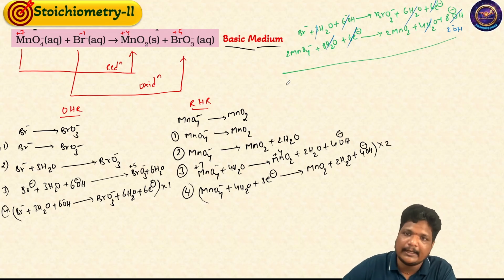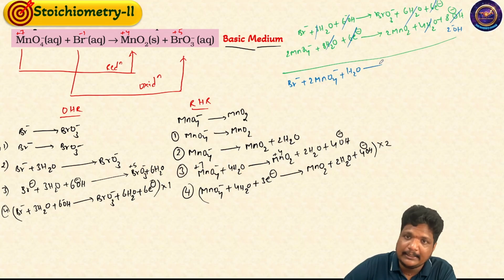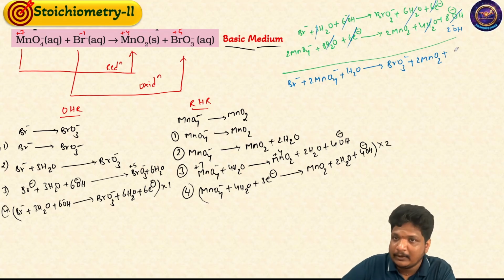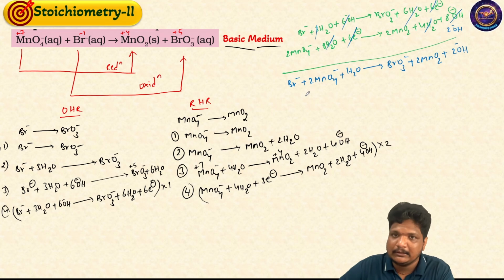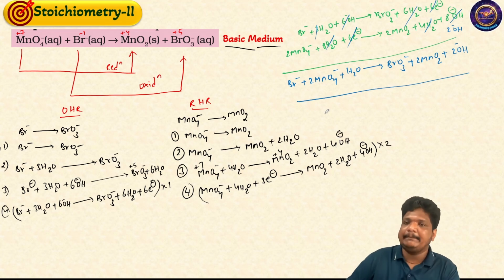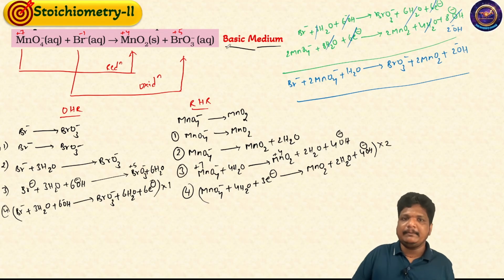Now I can write it as Br minus plus 2MnO4 minus plus H2O gives rise to BrO3 minus plus 2MnO2 plus 2OH minus. This is the final balanced equation of the given reaction in basic medium.